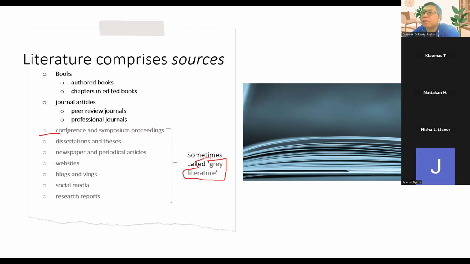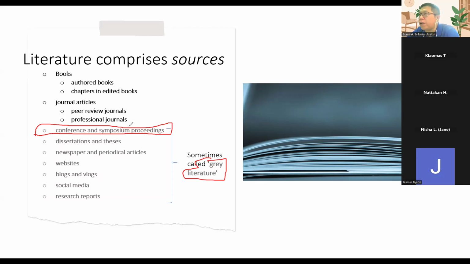At first, we have conference or symposium proceedings. Again, I mentioned this two weeks ago. You can find national or international conferences for bachelor's students where you can make an oral presentation or publish your research article.